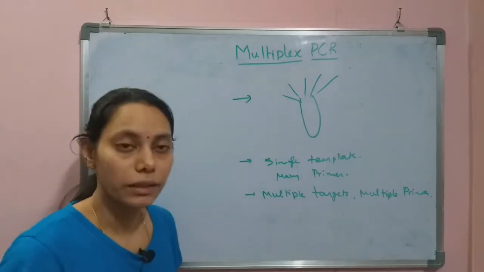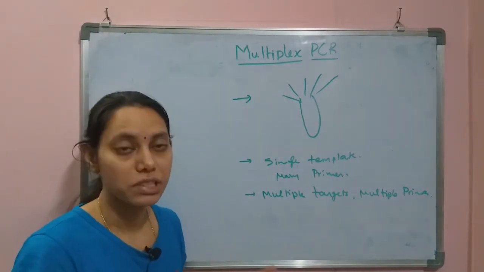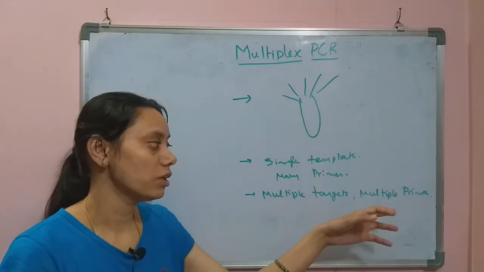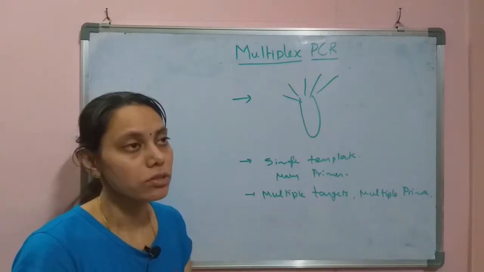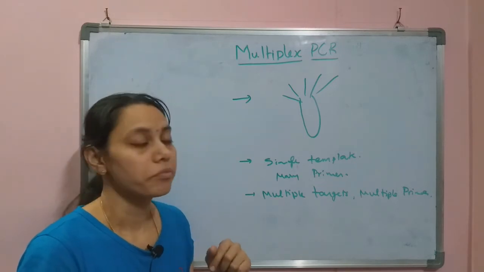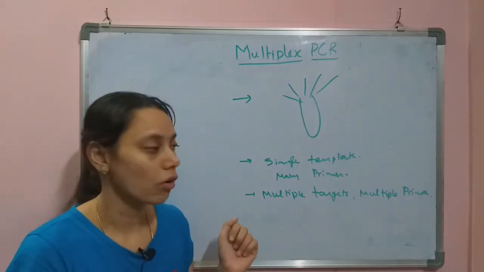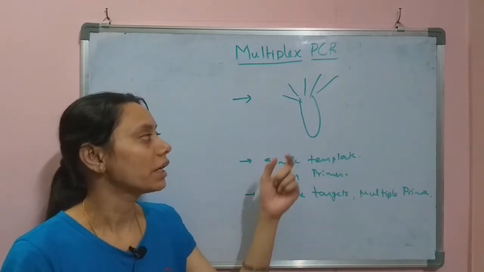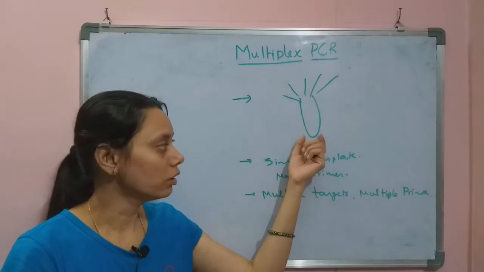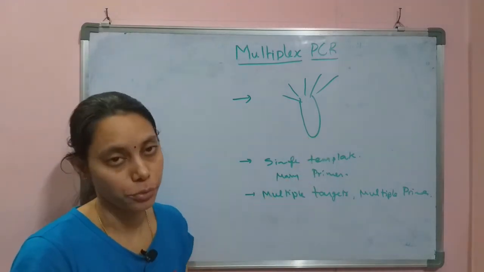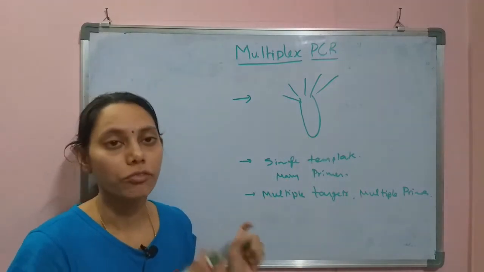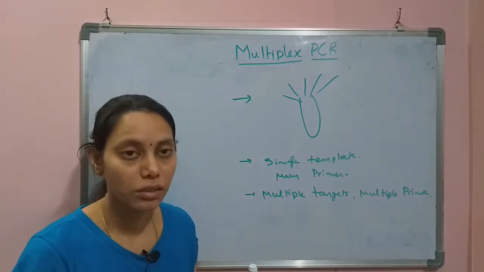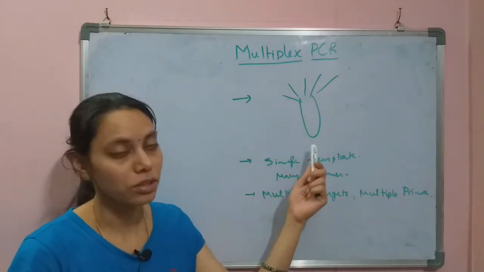If we are using different target sequences, different sets of reactions with different specific primers, we can also mix up all the PCR reactions for multiple targets and carry it out in a single reaction tube. That is the beauty of this multiplex PCR. We are just pooling many PCR reactions into a single reaction mixture.